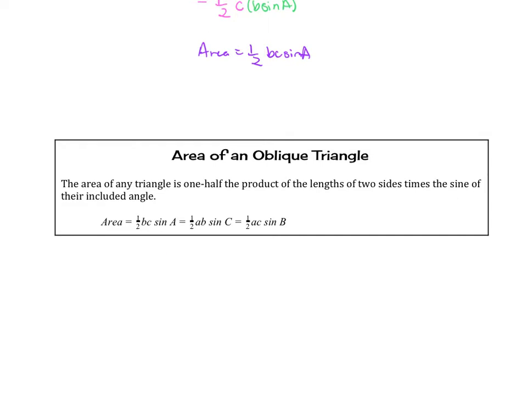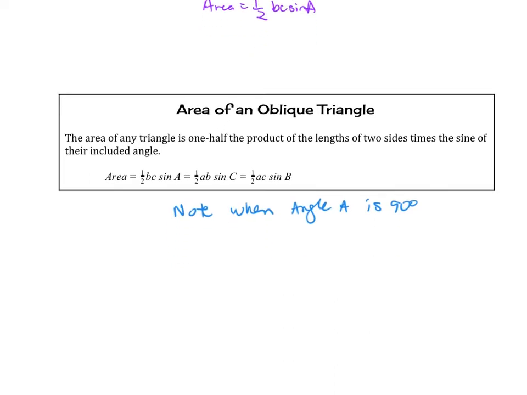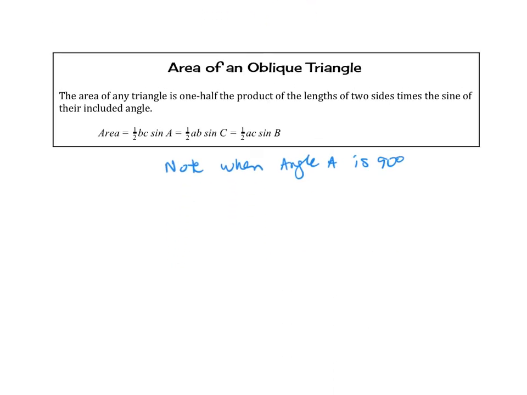So one thing to note, just as an FYI, is that when an angle, and let's just start with angle A, is 90 degrees, this formula gives the area of a right triangle. So for example, let's do area equals 1/2 BC, and we'll say sine of 90 degrees.